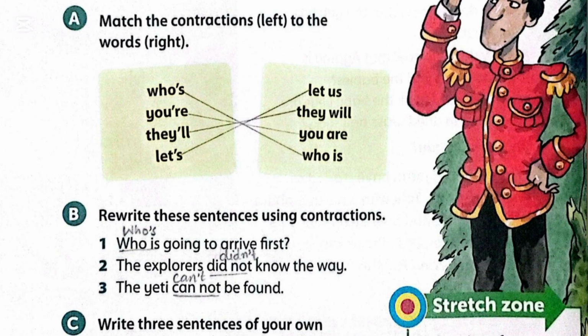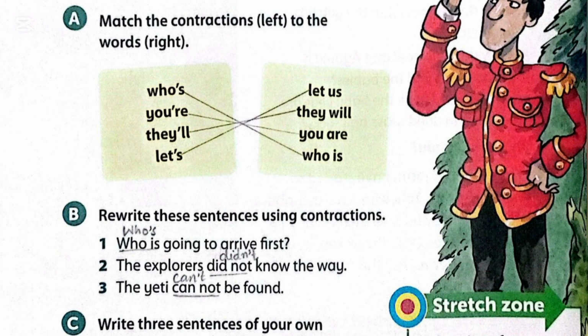Second sentence is "The explorers did not know the way." Here we make the contraction of the words "did" and "not." When we make the contraction, we put an apostrophe after N and drop the letter O. And we say "The explorers didn't know the way."